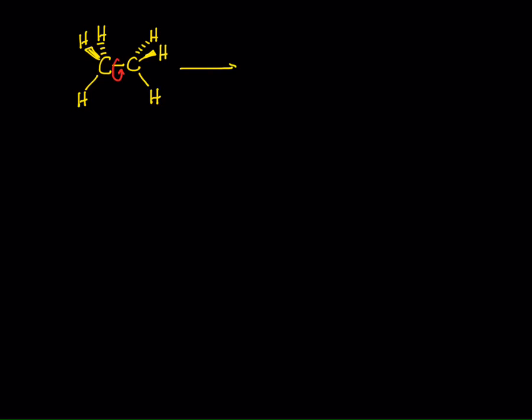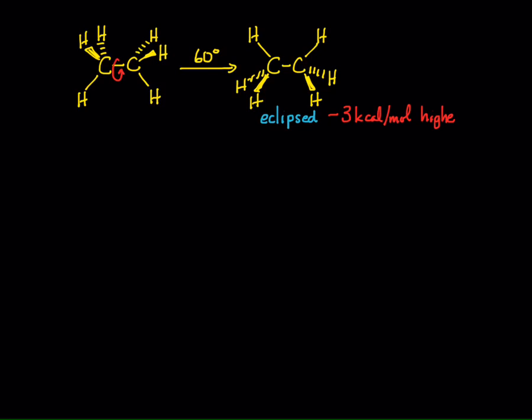We saw that when you rotate 60 degrees from a staggered conformation, you get an eclipsed conformation, right? So this is the eclipsed conformation. And we can observe that the eclipsed conformation happens to be roughly 3 kilocalories per mole higher in energy than the staggered conformation. And that is all due to torsional strain from the eclipsed bonds.